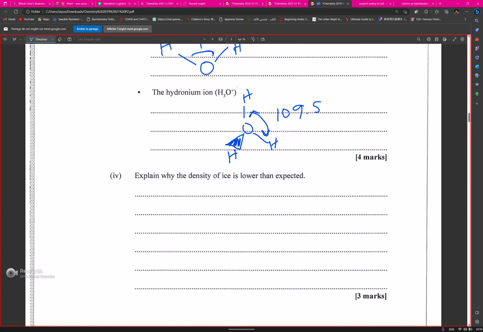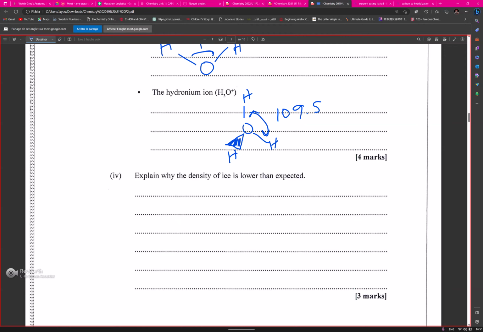Explain why the density of ice is lower than expected. We saw this already. So we're saying that as water molecules cool, their movement is slowed, and we have intermolecular bonds being formed. When these intermolecular hydrogen bonds are being formed, the water molecules actually spread out from each other to arrange themselves in a lattice structure which is more stable.